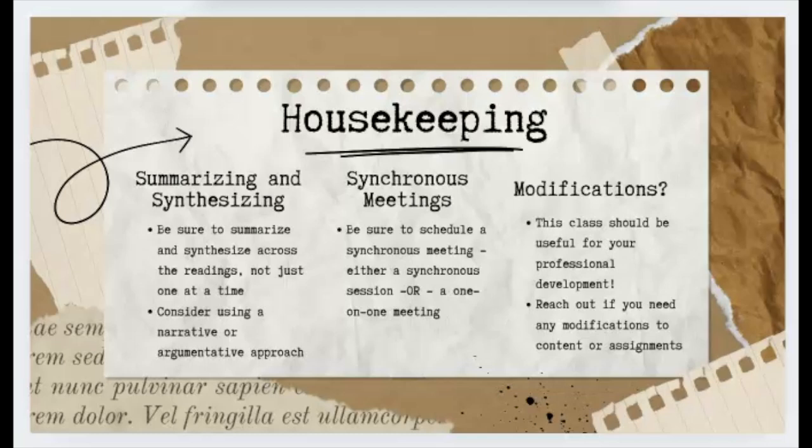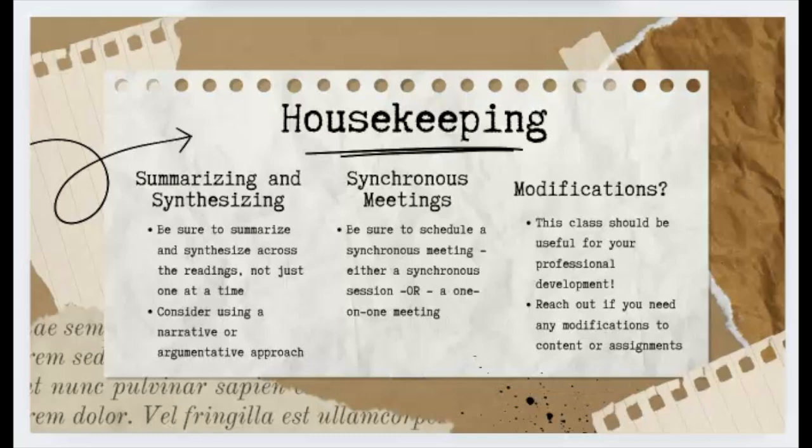So you're looking across the readings with maybe a critical lens or a specific question in mind, that question or that perspective is the perspective that you're looking at across all of those readings, and how are those readings addressing or not addressing those things. So that's what we mean by some sort of narrative or argumentative approach.